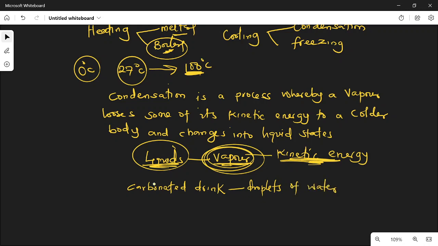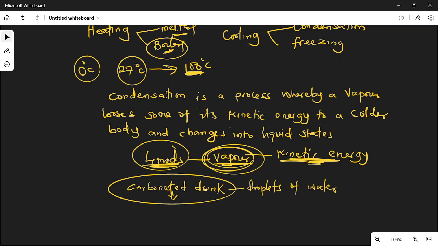The meaning is that your carbonated drink is very, very cold, meaning the temperature here has reduced. And around the carbonated drink, there is water vapor in the atmosphere, which is indicating an increase in temperature.